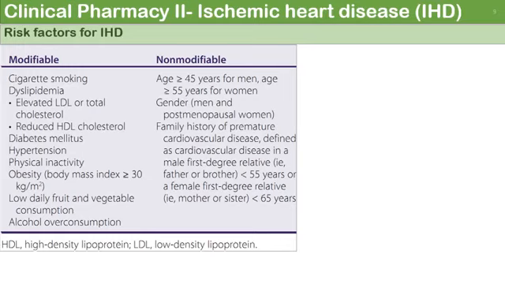The family history: positive family history for premature cardiovascular disease, especially for a first degree male, like father and brother, or first degree female, mother and sister, all of them may mean the patient has signs and symptoms of ischemic heart disease earlier.